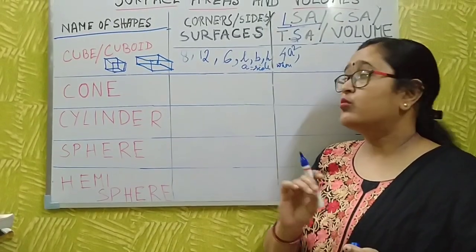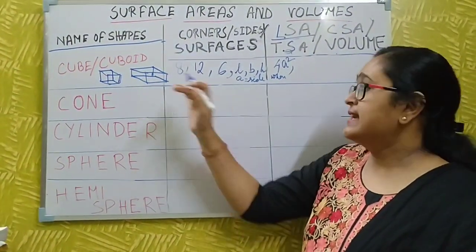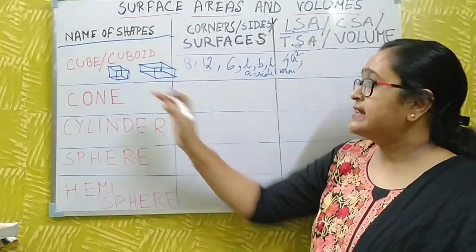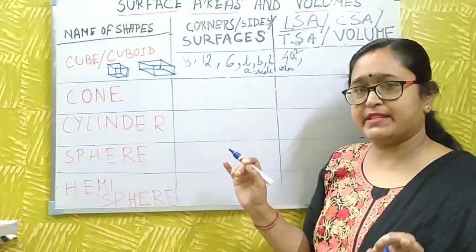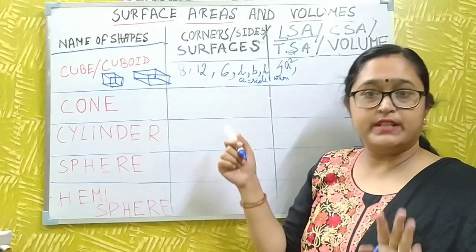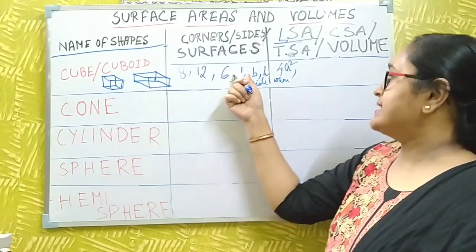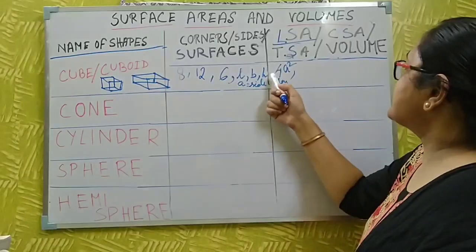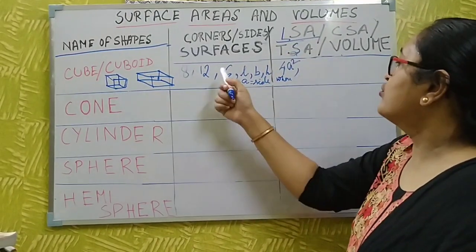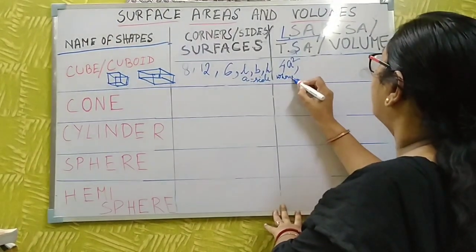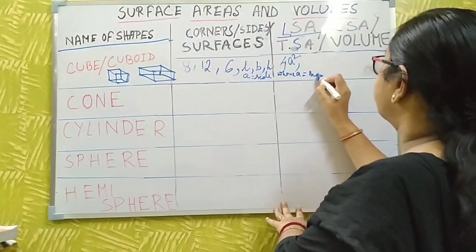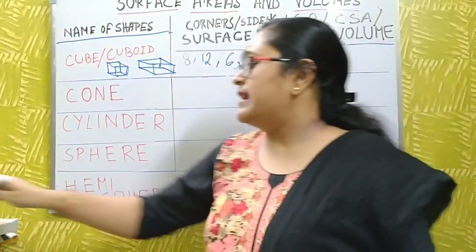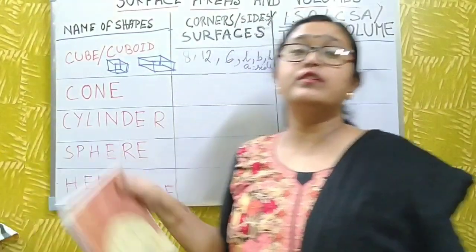A square has the same sides, and a cube also has the same sides, and the cuboid's sides are length, breadth and height. Then the lateral surface area of a cube is 4a square, where a is the side. And then I discuss the lateral surface area of a cuboid.